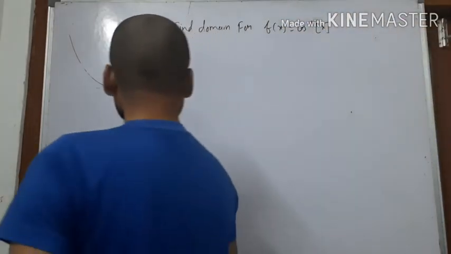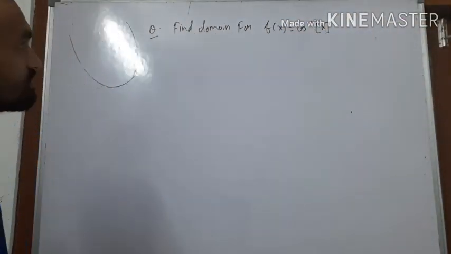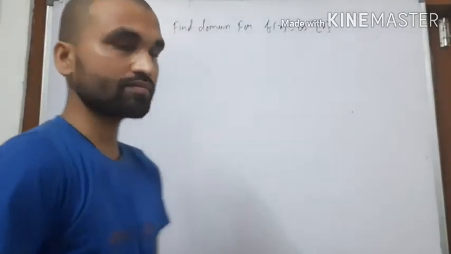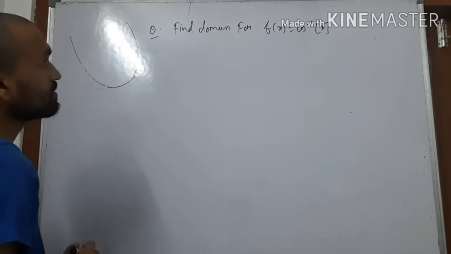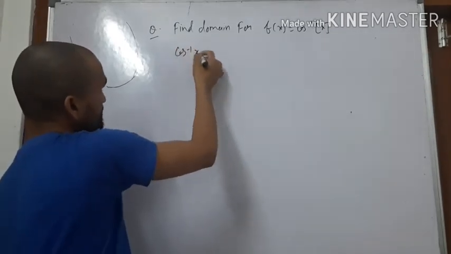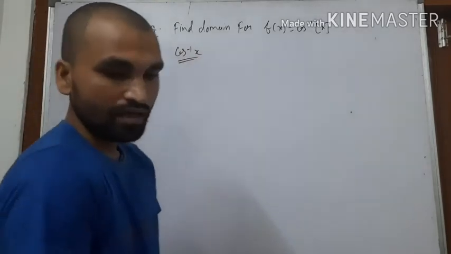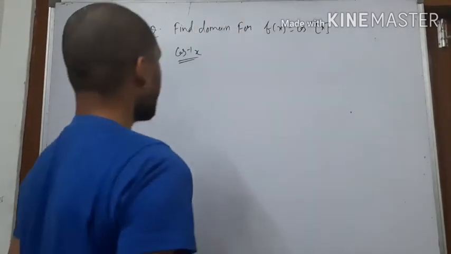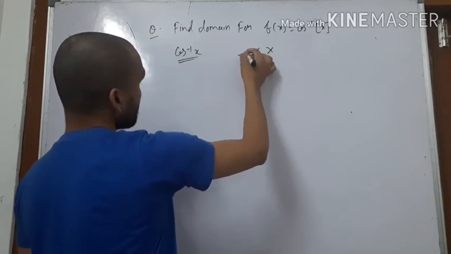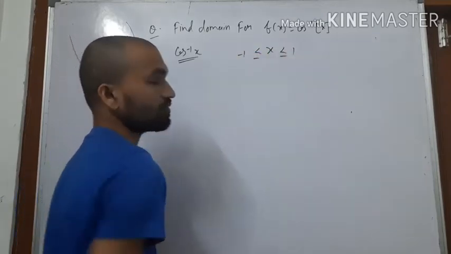So as we know, students, for the solution we should know the property of the inverse cos function. We know that cos inverse x exists only for x greater than or equal to -1 and less than or equal to 1.